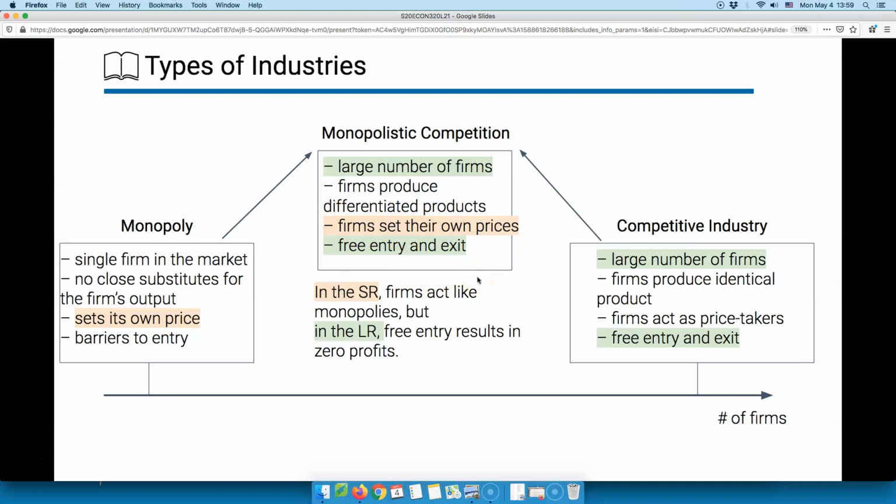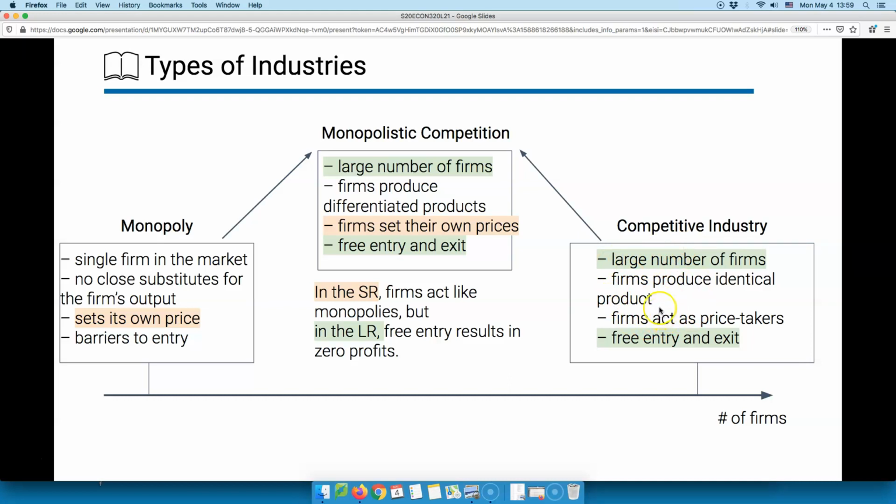So in both situations, the free entry and exit results in zero profits, but in the short run, you are able to set the price when you're renting out an apartment, whereas you're a price taker when you're giving people rides, if you work for Uber or Lyft.